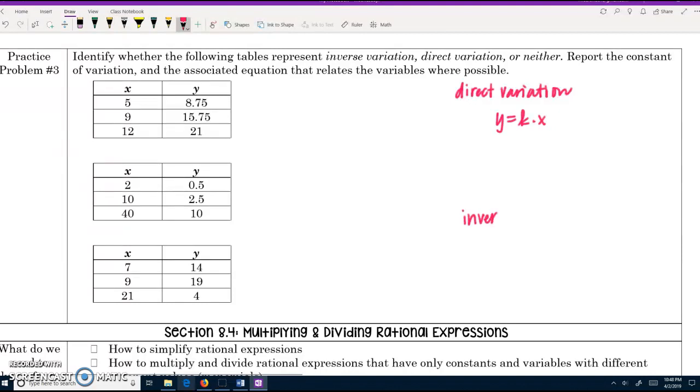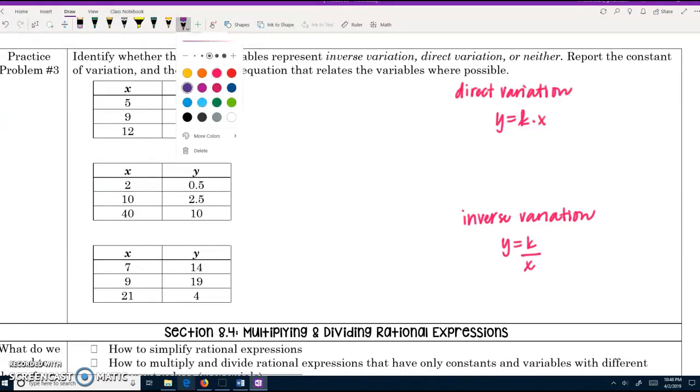When you're working with inverse variation, the equation is y is equal to k over x. So with these situations, when you look at the tables, you want to see what kind of trends are going on between x and y, but then you're going to have to calculate that k.